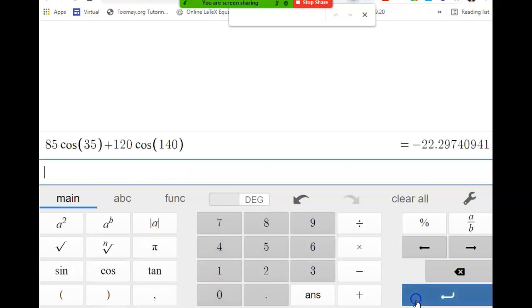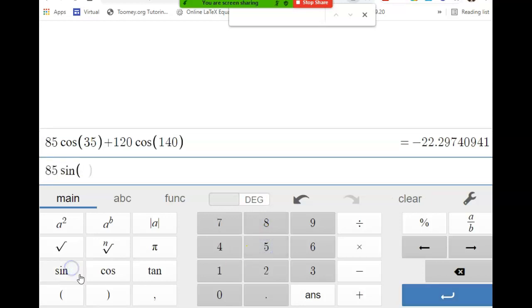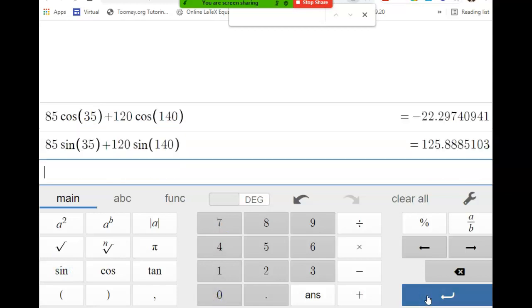My y components would be 85 sine of 35 plus 120 times the sine of 140. There's my x component and my y component.